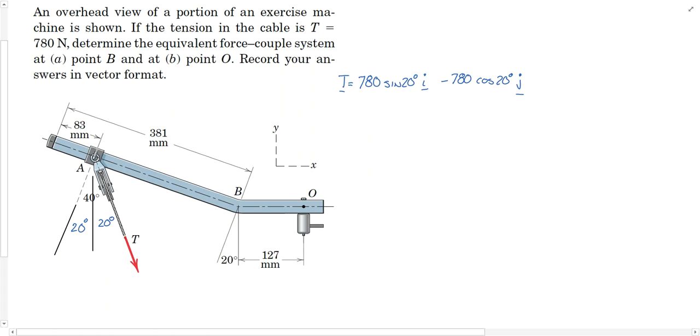Again, T sine 20 is a horizontal edge, so that's I, and T cosine of 20 is a vertical piece, and it's pointing downward. So that's a J-type component. And so T is equal to 267 in the I minus 733 in the J, and our units are newtons. So we've got our tension, and now we want to compute a moment.